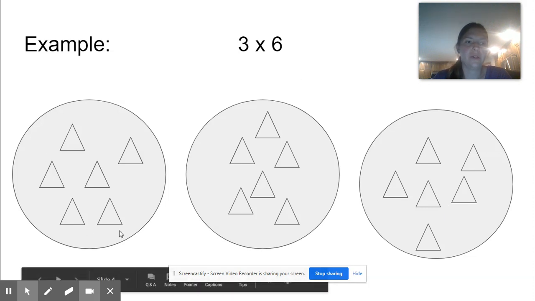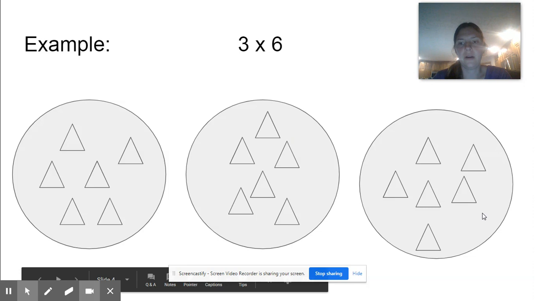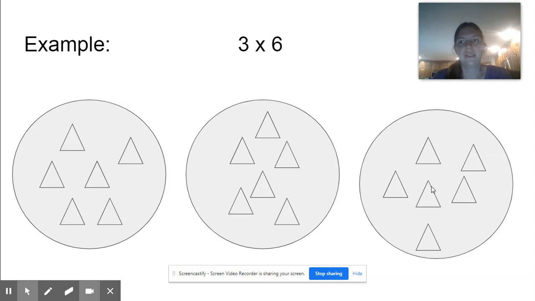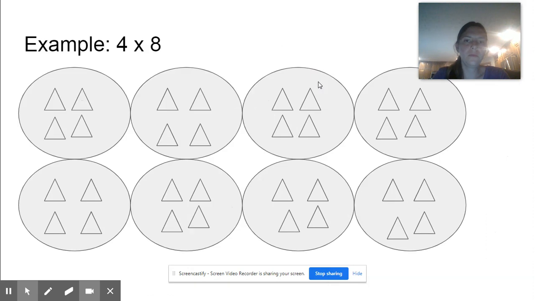We have 6 triangles here, plus 6 triangles here. 6 plus 6 is 12, plus 6 triangles here. 12 plus 6 is 18. Since there are 18 total triangles in this problem, 3 times 6 equals 18.